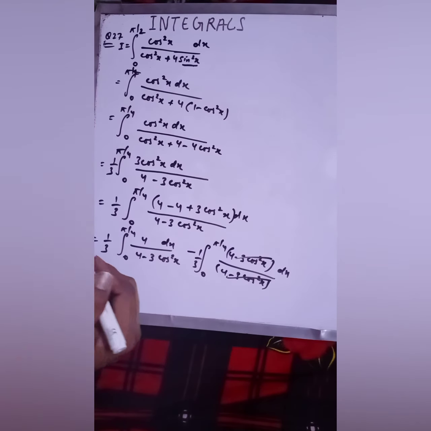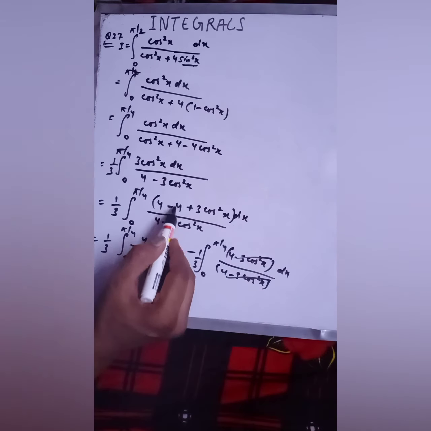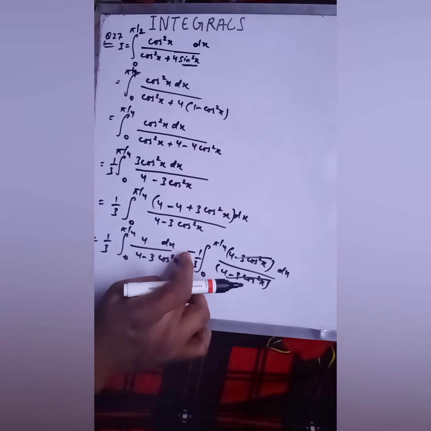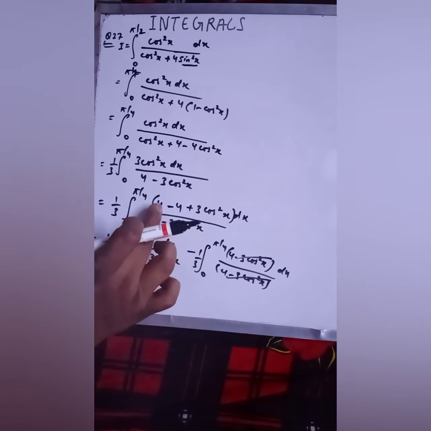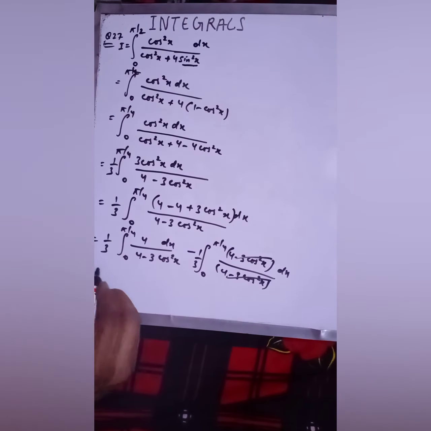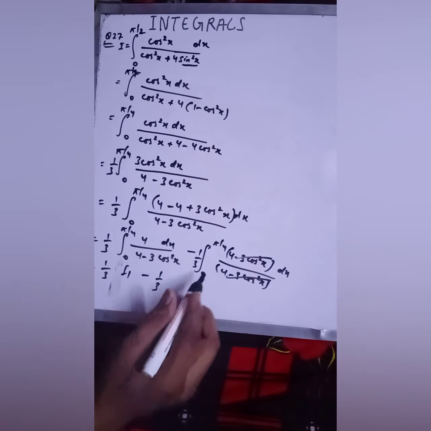Fine. This term is clear now, because when you will take minus common from these two, now you will get 4 minus 3 cos square x. So here I am writing, and this minus sign here I am writing, and 4 over this one. Fine. So 1 by 3 integrate. I am assuming this is your I1. Okay, leave this as I1 minus 1 by 3.